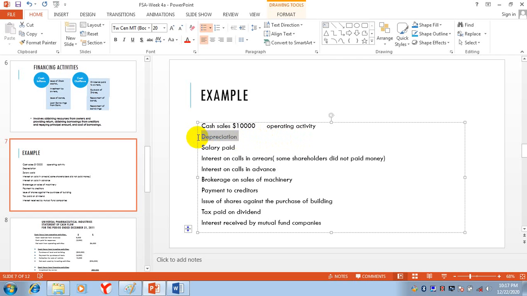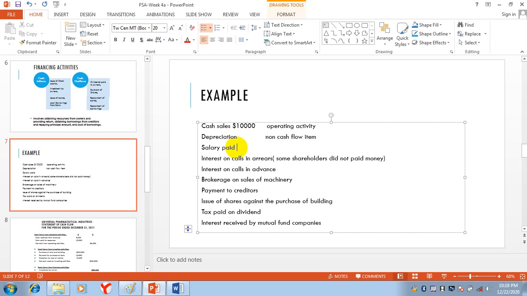For depreciation we are not making any cash payment, so it is a non-cash payment. And in cash flow, we are concerned about cash inflow and cash outflow. So it is a non-cash flow item, and we will not include this in our cash flow.